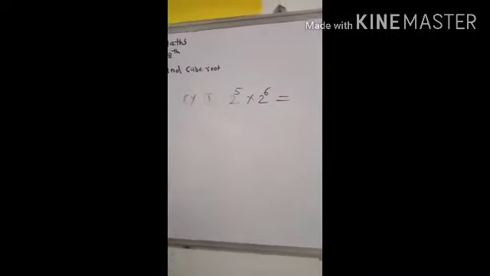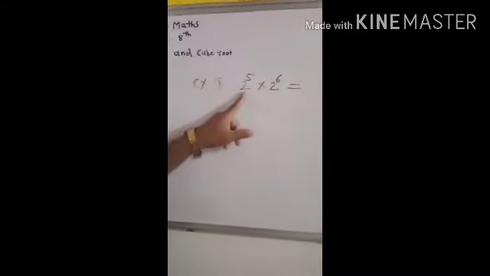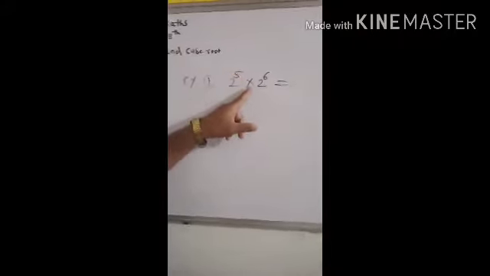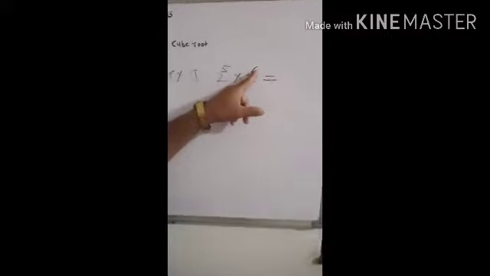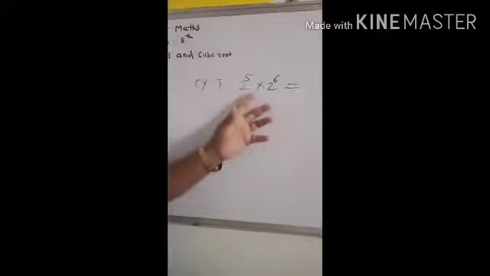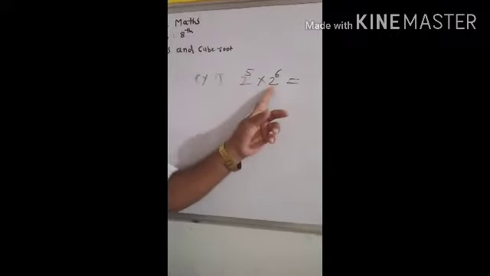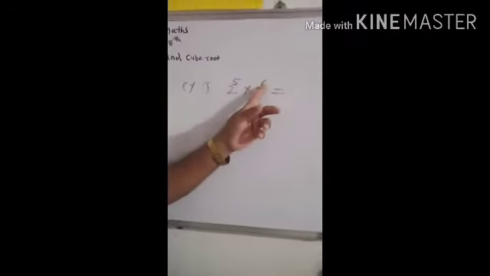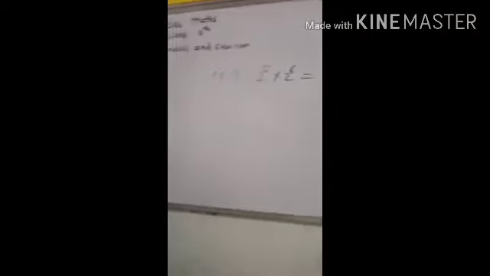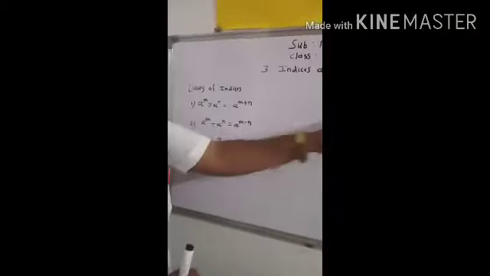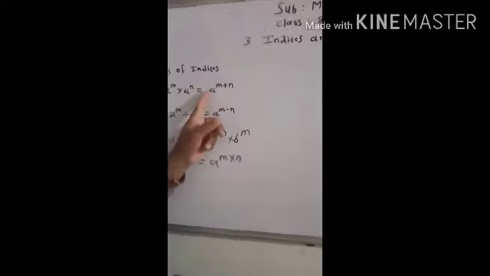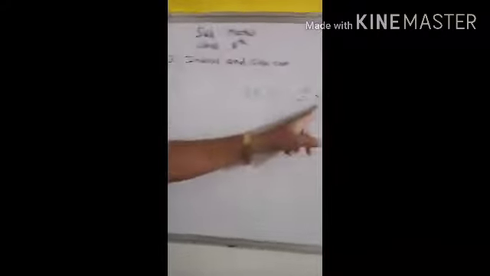In this example, 2 is the base and the index is 5, and 2 is the base and the index is 6. Observe this example carefully. We get the base is same in this example and the index is different, so we can apply the first law of indices to solve this example.